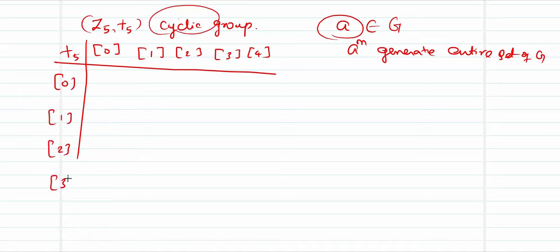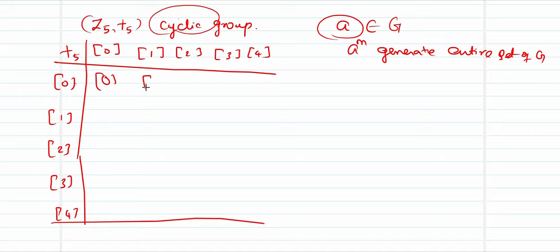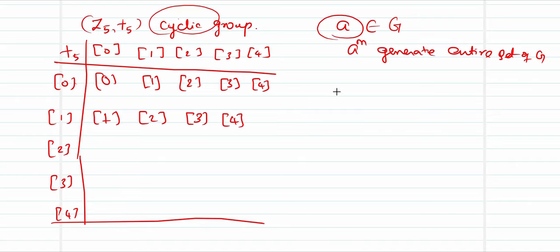The addition is performed as 0 plus 0 is 0, 0 plus 1 is 1, 0 plus 2 is 2, 0 plus 3 is 3, 0 plus 4 is 4. 1 plus 0 is 1, 1 plus 1 is 2, 1 plus 2 is 3, 1 plus 3 is 4, and now 1 plus 4 is 5. 5 divided by 5 leaves a remainder 0, so this will be 0.